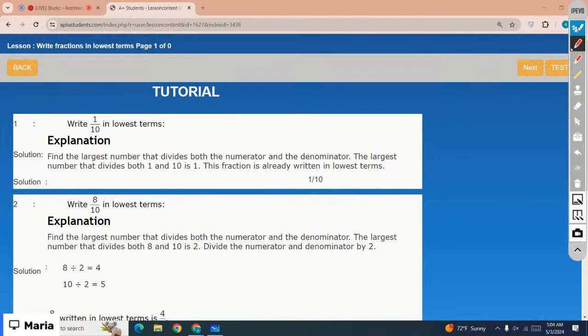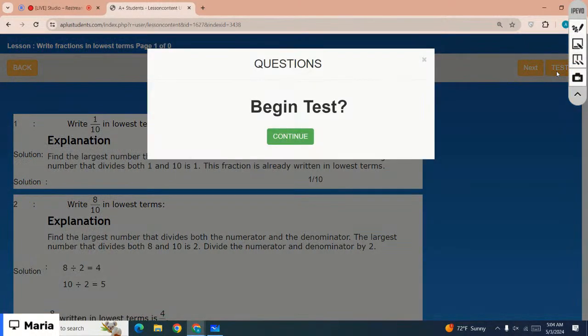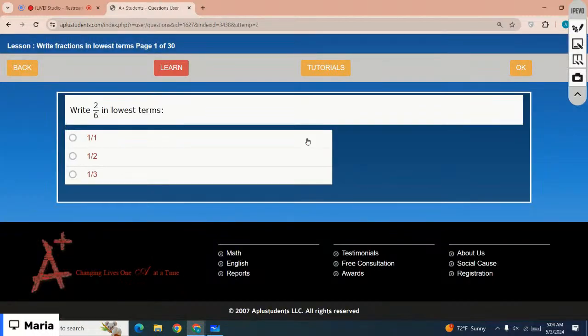Okay, let's start with the test questions. Write 2 by 6 in the lowest form.